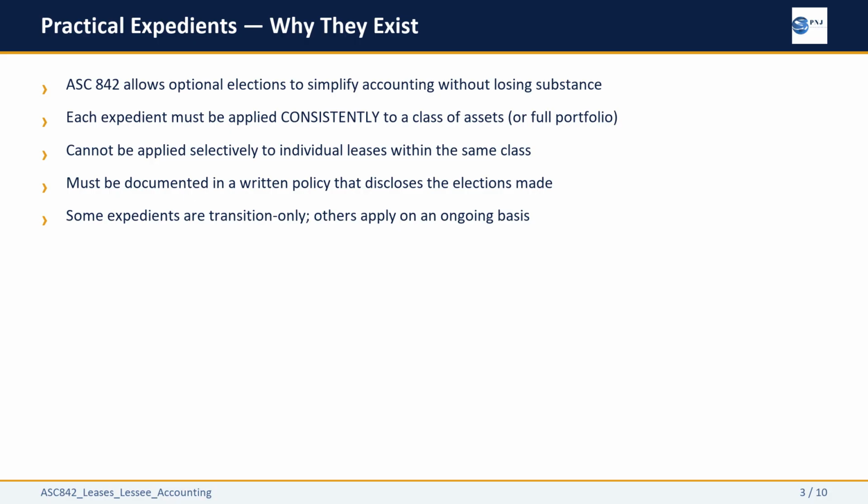You cannot cherry-pick within a class, and each election must be documented in a written policy. Some expedients were only available at transition, the package of 3, for example. Others, like the short-term lease exemption, apply on an ongoing basis to new leases entered after adoption.